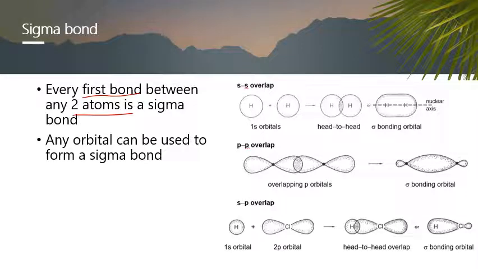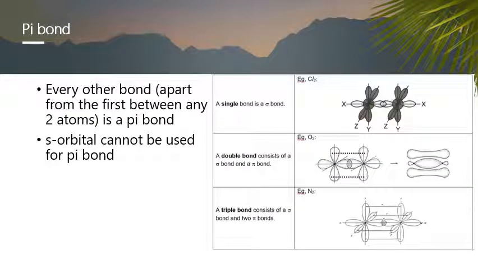So a sigma bond is a head-on overlap. Any orbital can be used to form a sigma bond. The pi bond is every other bond apart from the first bond. So if it is two bonds, a double bond, then one bond is sigma and the other one is a pi.